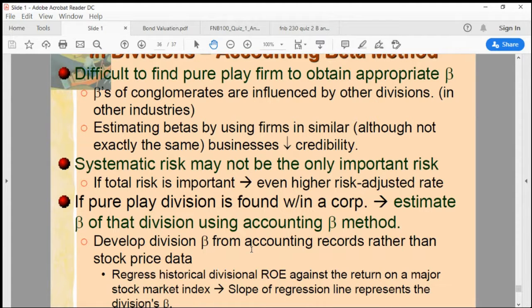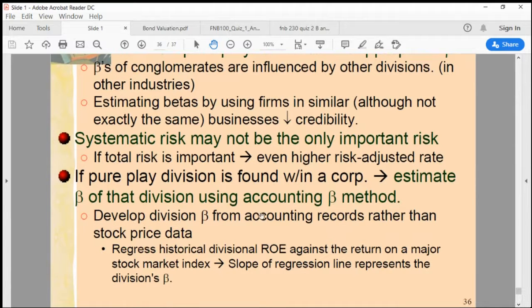Because you cannot obtain a beta of a pure play firm, what would you do? You will need to find the beta of that division using the accounting beta method. What is the accounting beta method? Accounting beta is simply using accounting records, like return on equity, for that division, because the stock price of this company doesn't reflect that pure play division.